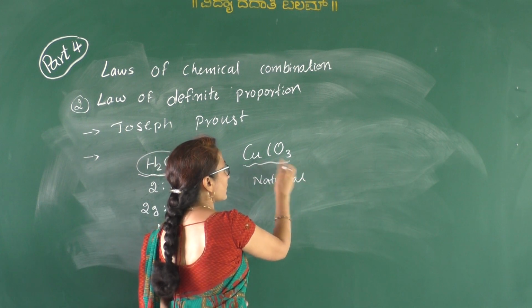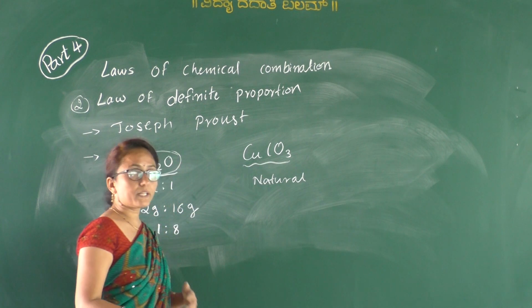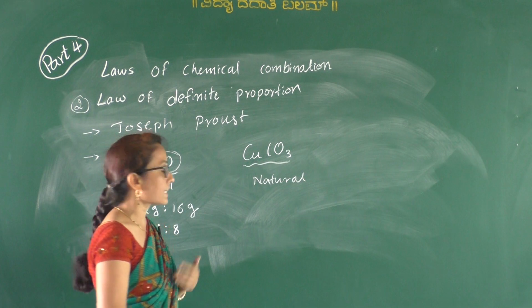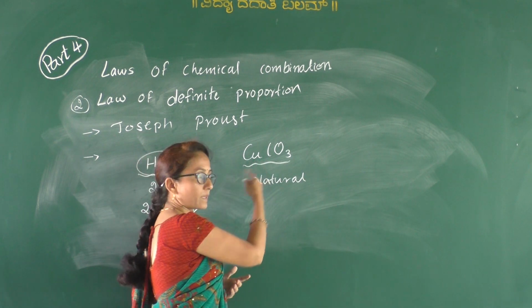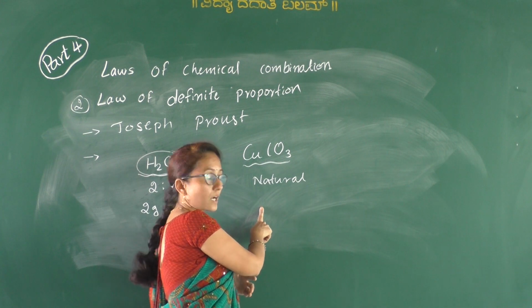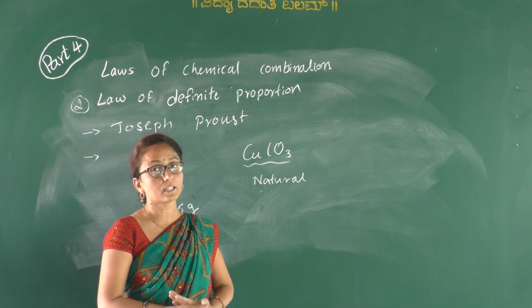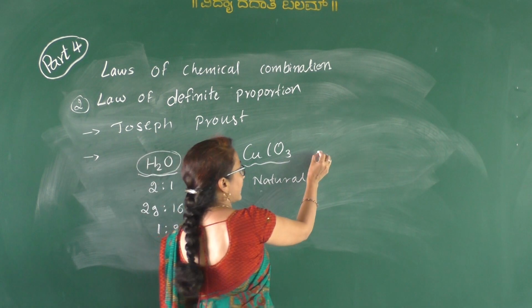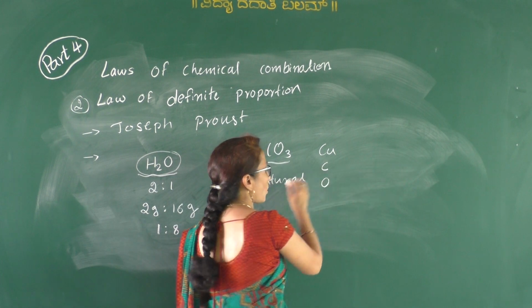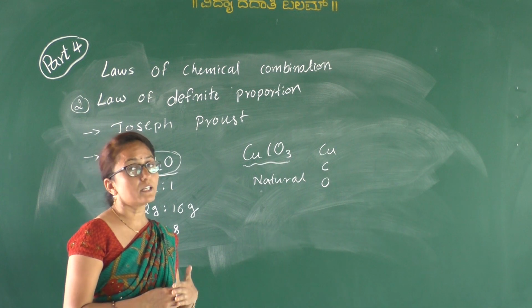So natural copper carbonate, or if you have taken the copper carbonate which is obtained in the laboratory, artificially synthesized, in both the cases both contain the same proportion of copper, carbon and oxygen. So all the three elements are present in the definite ratio.